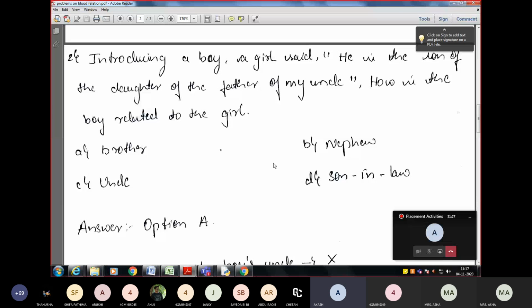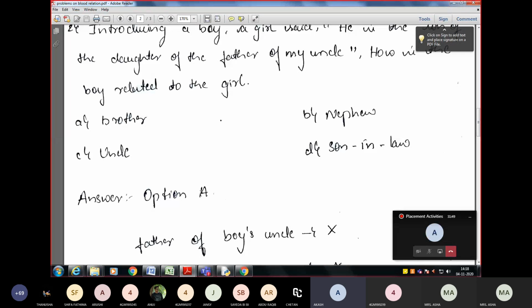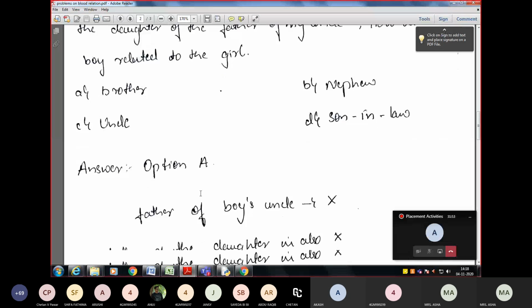Here she is telling that the father of the girl's uncle is X and the father of the daughter of that father is also X. Therefore, the uncle of that girl is the brother of her mother, so the boy the girl is pointing to is her brother. So we have to go for option A, that is her brother. Next question.